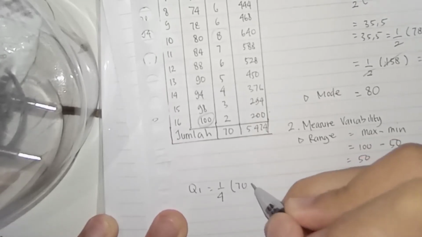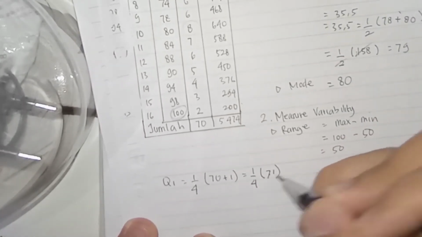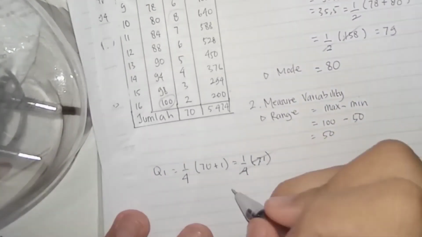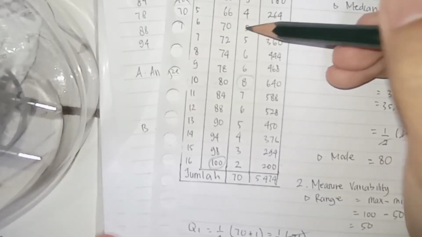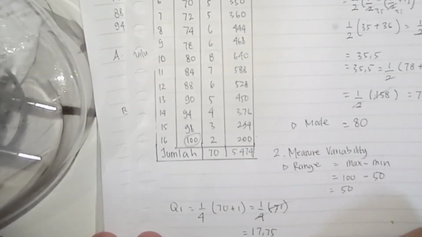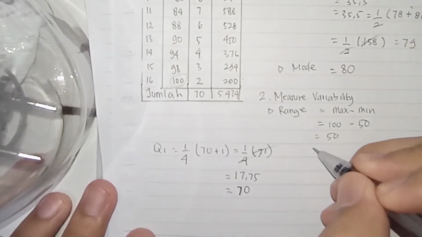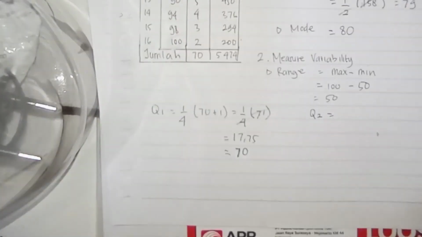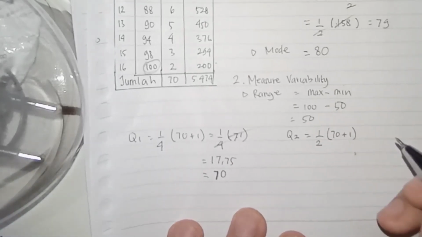After that, looking for the quartiles. For quartile 1, the formula is a quarter times 70 plus 1. Means a quarter times 71 is equal to 17.75. And look at the column frequency and count the position, and the result is 70. And then for quartile 2, the formula is a half times 70 plus 1.